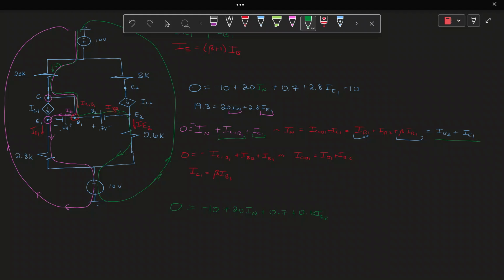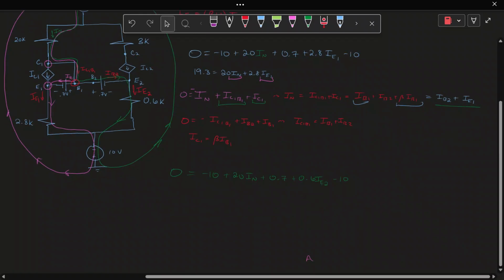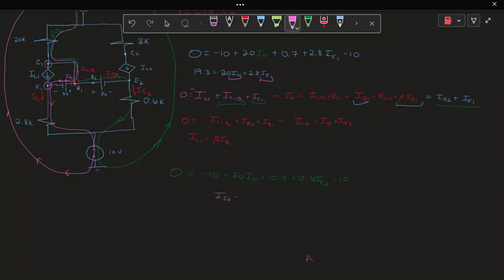Oh no, so we've now brought in a new current. But what do we know about emitter currents? We can find them in terms of base currents. So we know IE2 is equal to beta plus 1 IB2.